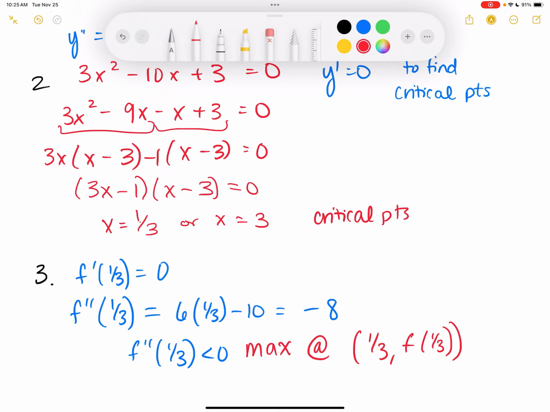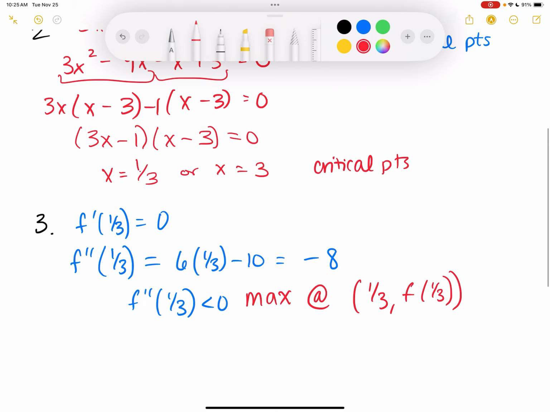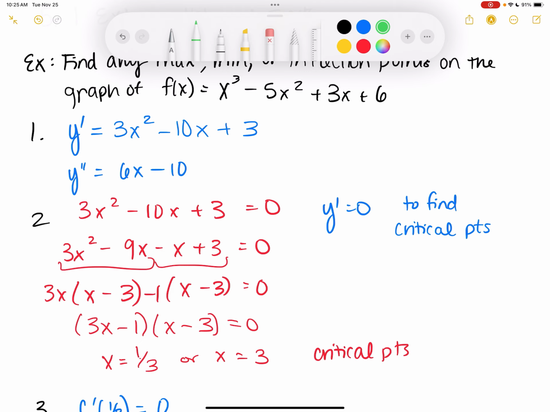To find that, I would plug in 1/3 to my original equation, to find what that y value is, where the max is actually occurring. Because the first and second derivatives are helping us find critical points and then where I have a min and max, but the min and max are actually occurring in the original function. So we're going to plug in 1/3 to this to find what it is.